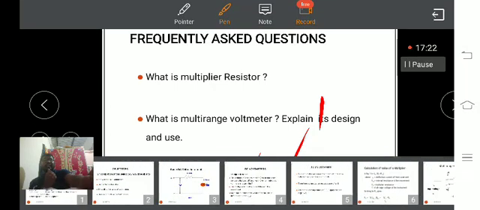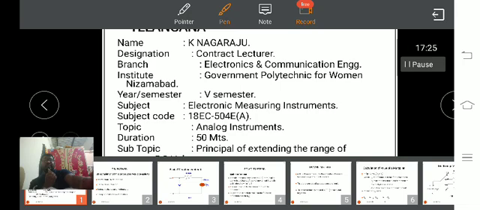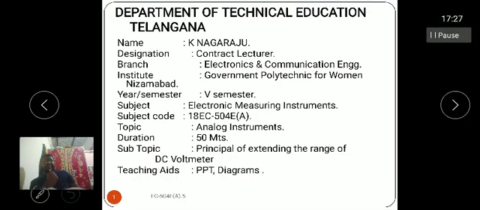Finally, in this explanation, I completed two things. One is the principle of extending the range of the DC ammeter as well as the DC voltmeter. In the DC ammeter, what is a DC ammeter, what is the principle of extending it, and what is a multi-range DC ammeter.